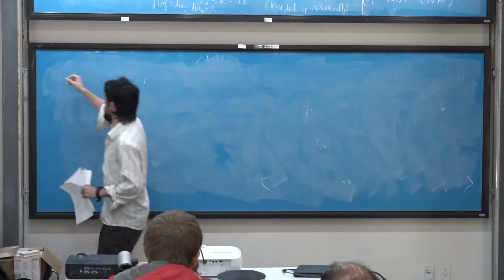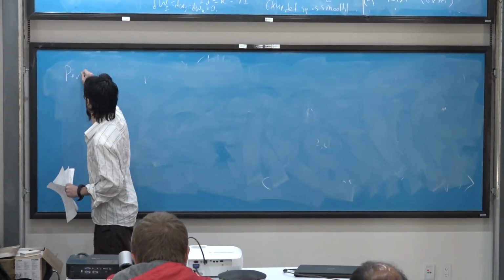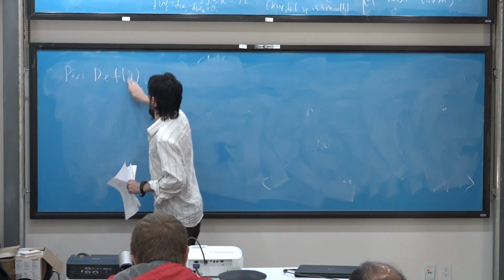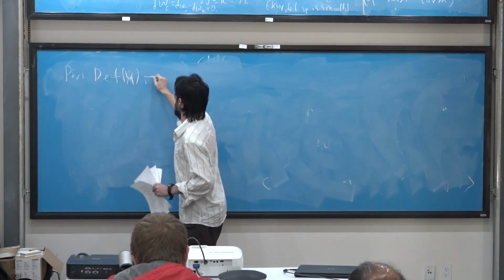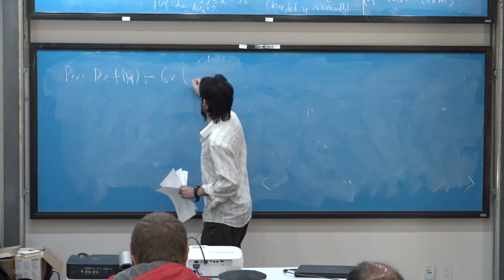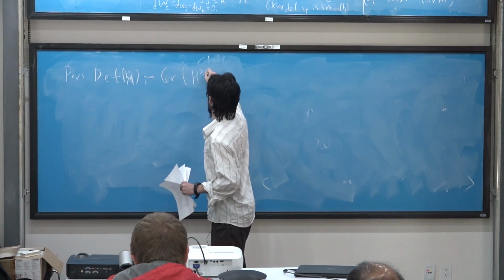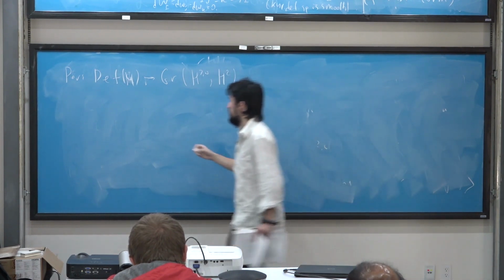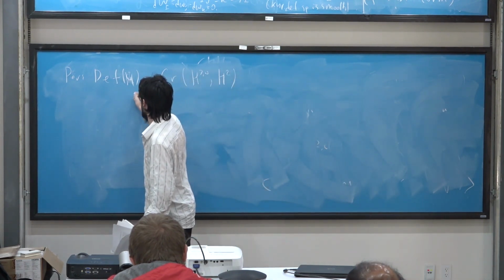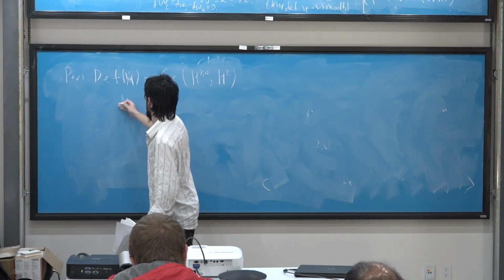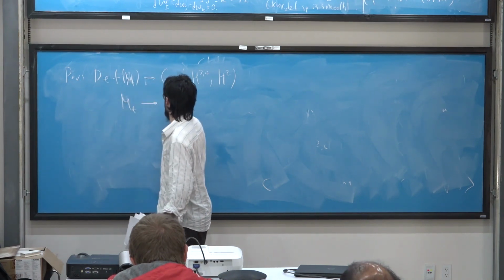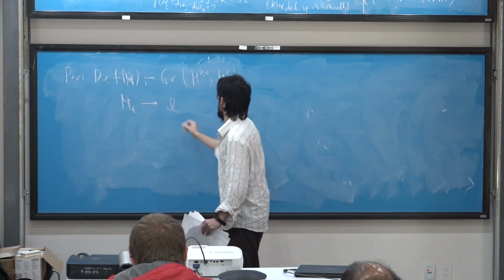That means that we have the period map from the Kuranishi deformation space to the Grassmannian in H2, which sends the fiber to the holomorphic form eta.